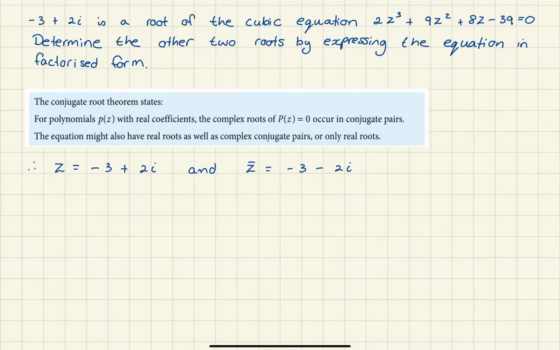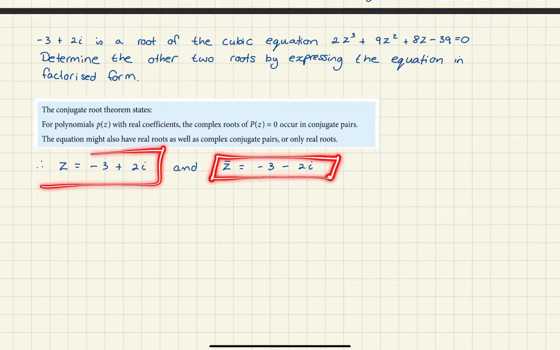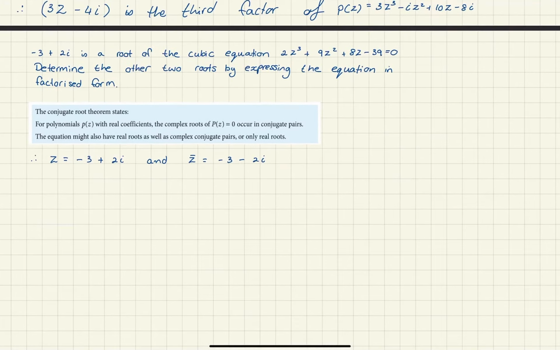So all you do for the conjugate is change the sign in the middle there. Okay, and immediately we've solved part of this problem because it says find all the roots, and here we've just solved it by using this theorem. This is the first one, this is the second one. Okay, so we've immediately got two roots.